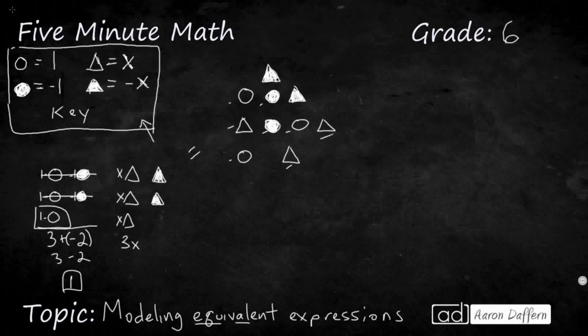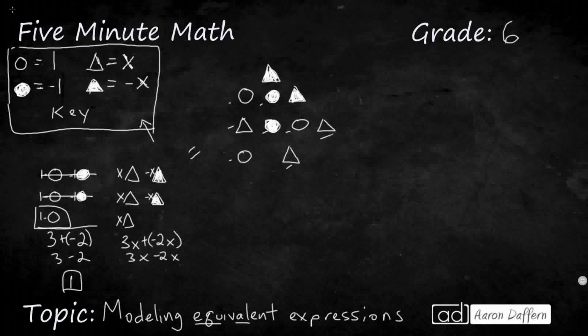That just means I have 3 of these x's, but we're not going to figure out what x is. I've got 2 negative x's. That's what each of those closed triangles mean. So what we have here is a negative 2x. So I can either have 3x plus negative 2x, or I can say 3x minus 2x.